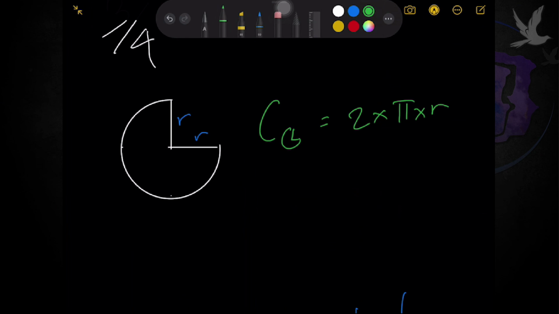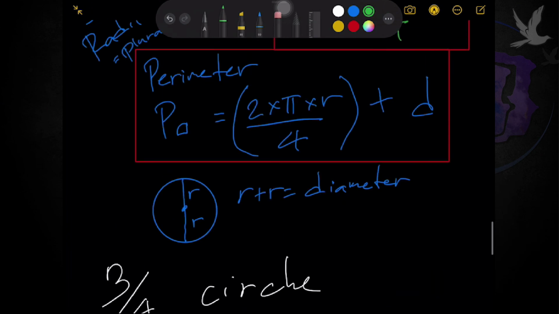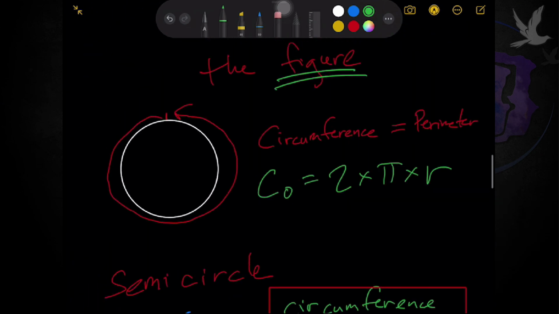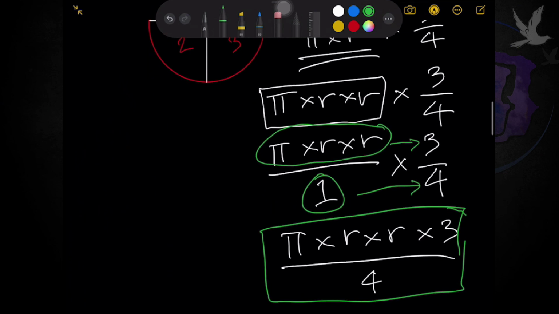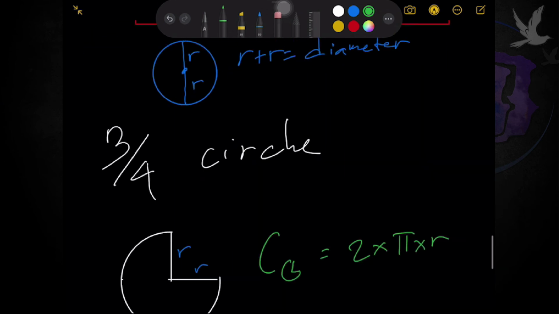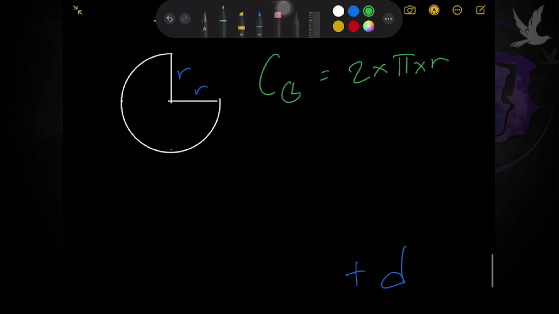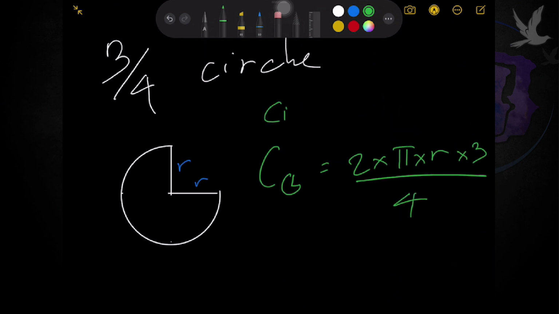Pero since this is a 3/4 nga, so just the same as what we did with the area of the 3/4 circle, we multiply it by 3 and divide it by 4. So ganun lang din ang gagawin natin dito. We multiply it by 3, then divide it by 4. That's how you solve for the circumference of this.